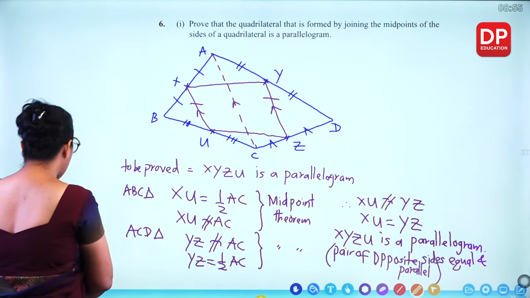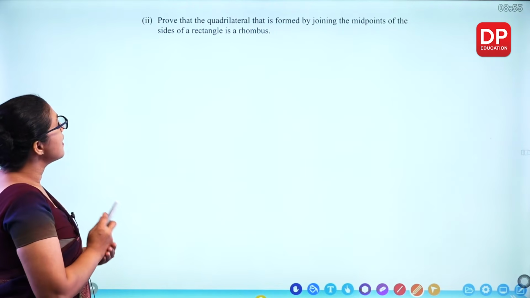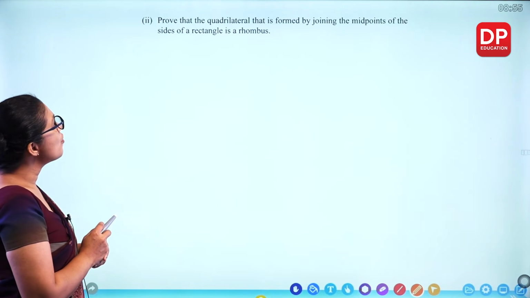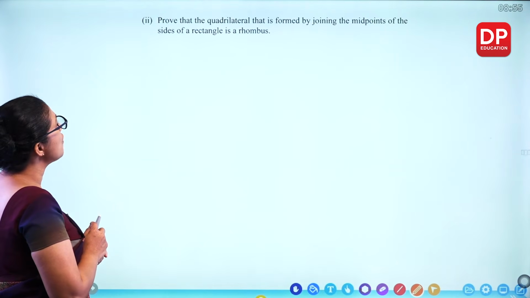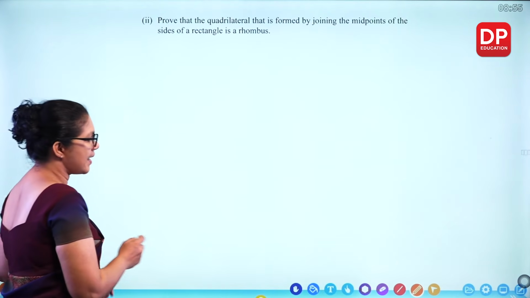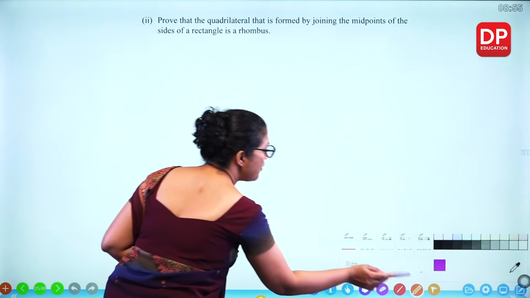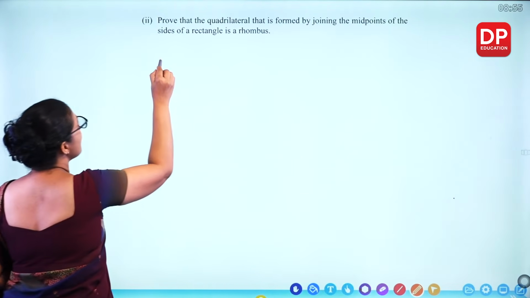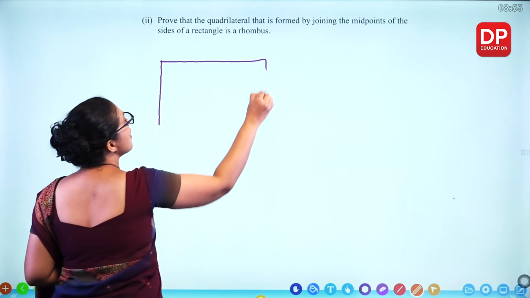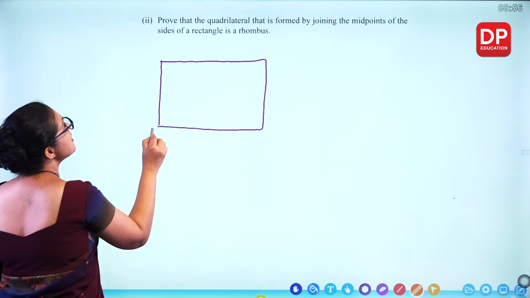Now we'll take the second part. It says prove that the quadrilateral that is formed by joining the midpoints of the sides of a rectangle. Now the quadrilateral is the rectangle. Now you have given a rectangle.